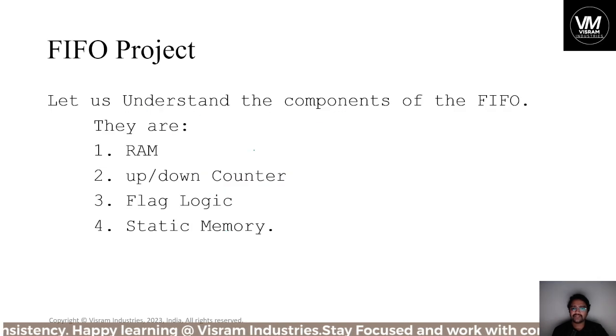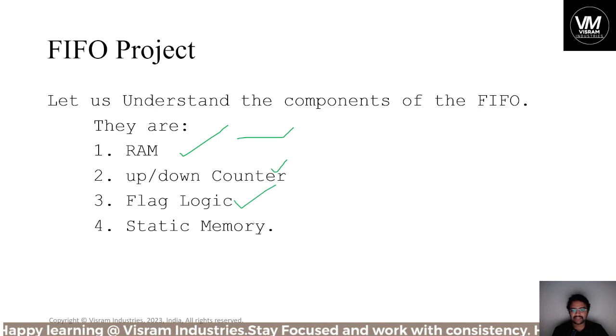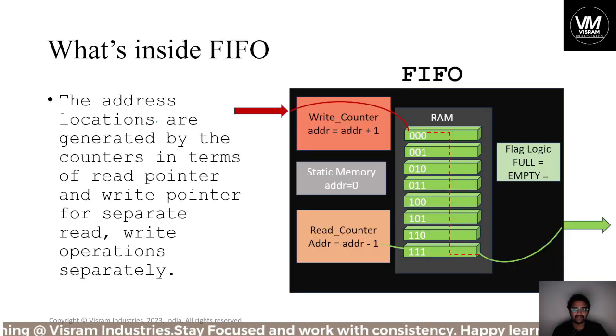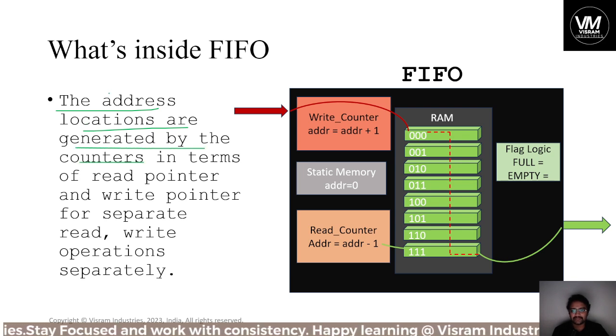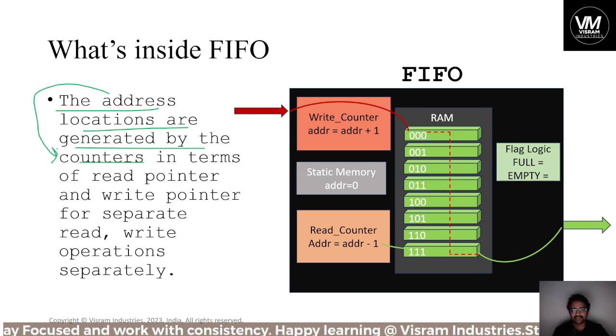Also, we know that FIFO has RAM, up down counter, flag logic, static memory, all these things. We have seen that; this is just a recap. The address locations are generated by the counters. Address is internally generated by the counter.